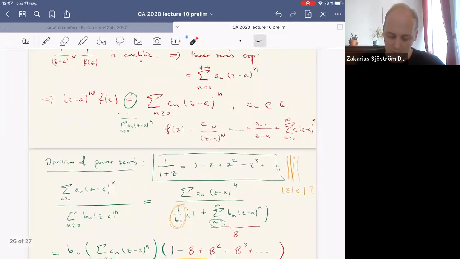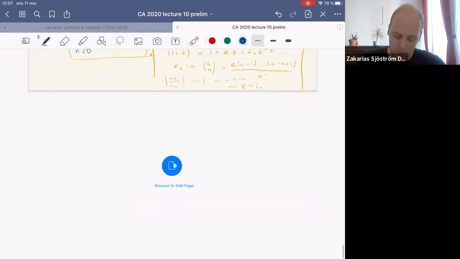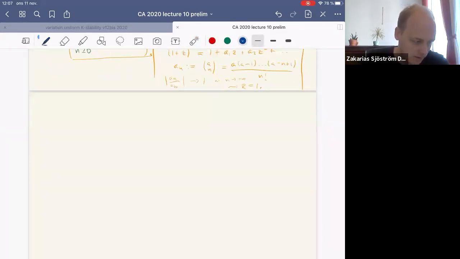But before I can tell you, I have to pause this example a little bit, to be continued, because I have to give you the definition of a meromorphic function.